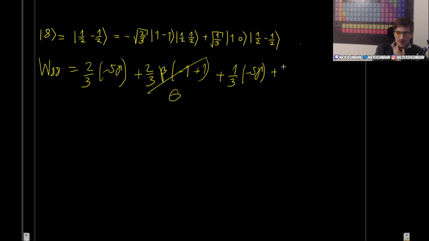And now comes the Zeeman part, so we get 1/3 beta, ml is 0, and 2 times minus 1/2 is minus 1, so we just get a minus sign here. So if we now add this up, we get minus 5 gamma minus beta over 3. So let's go ahead and plug it in our little matrix.